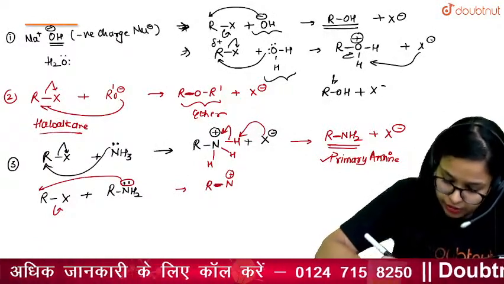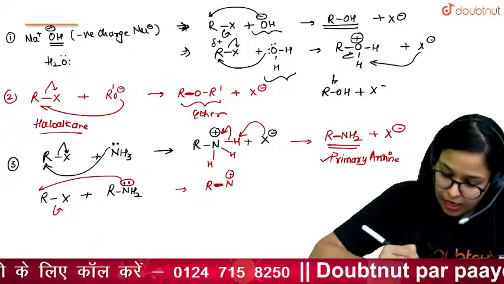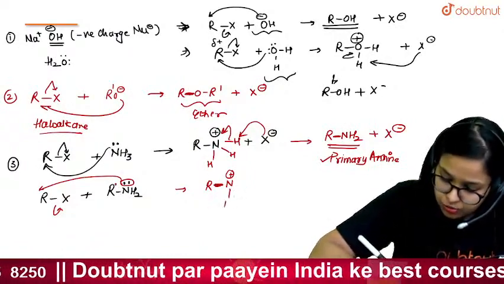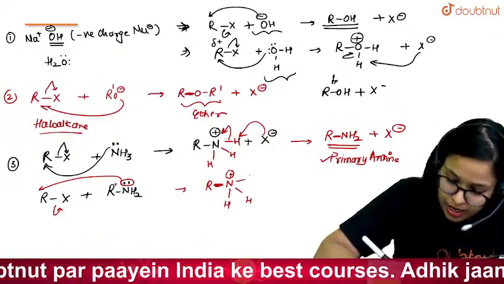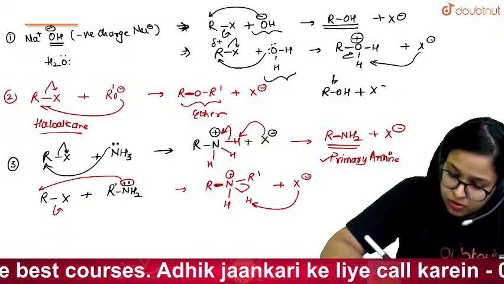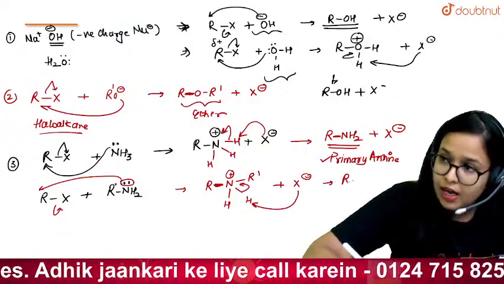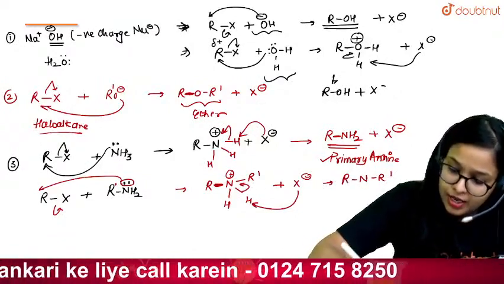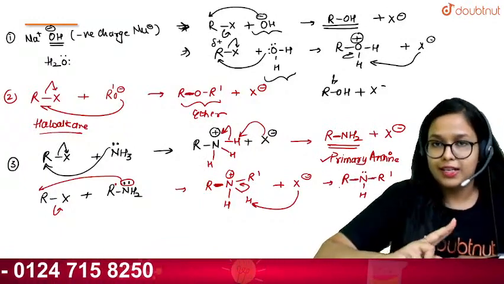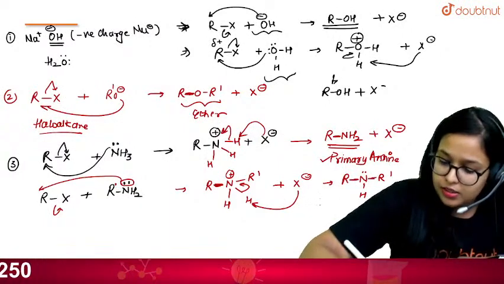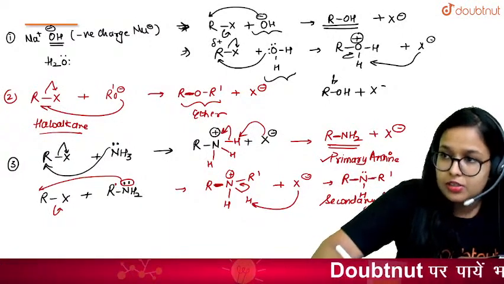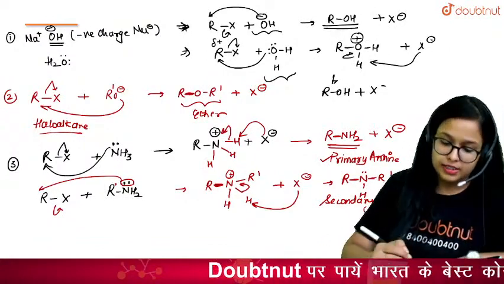This nitrogen has 2 hydrogens and 1 R dash. X minus released takes H positive and forms RNR dash, and we have 1 hydrogen. Since nitrogen is bonded to 2 alkyl chains, 2 carbons, this is known as secondary amine, right?